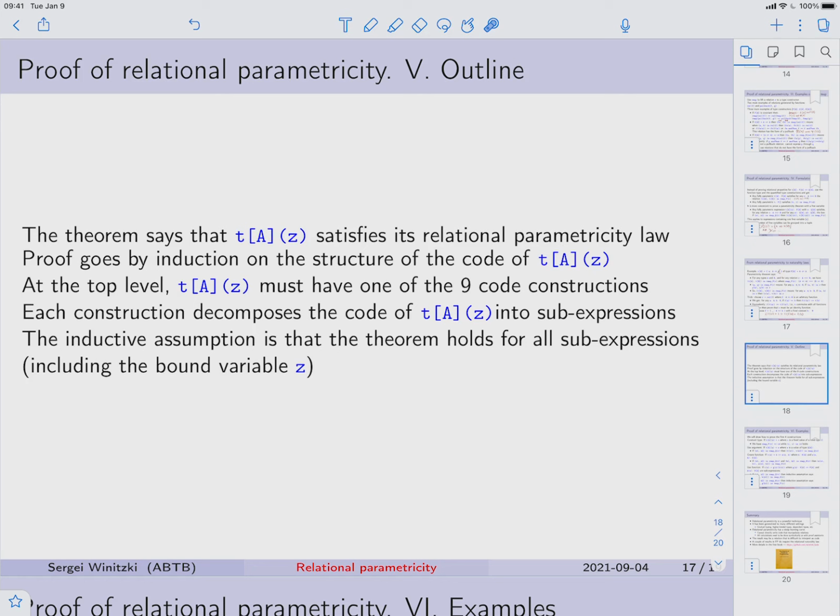We prove that any expression of the type signature that we can get satisfies the law. So the structure of the code must be made out of the 9 code constructions that we listed. That is what it means to have purely parametric, fully parametric code.